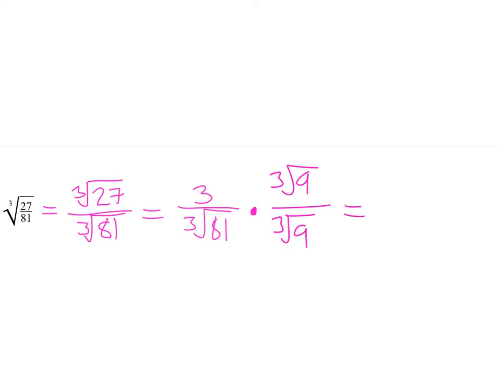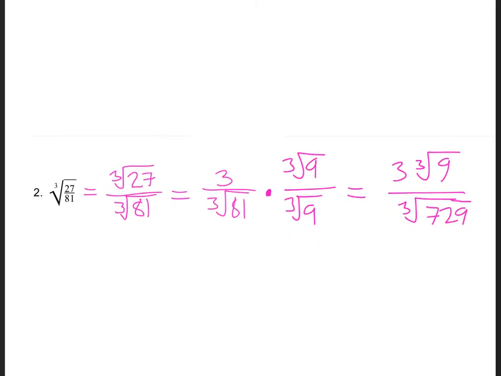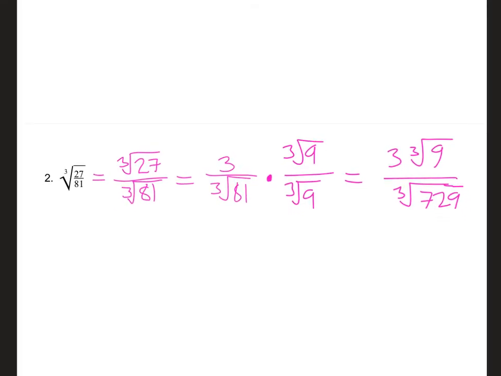right? So then I'm going to multiply across, and I get 3 times the cube root of 9 over the cube root of 729, and I know the cube root of 729 is 9, so that's going to be my answer here. So my numerator is going to have 3 times the cube root of 9 over 9.